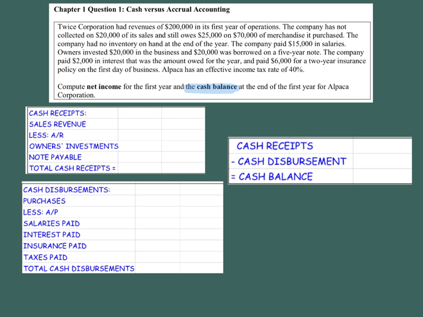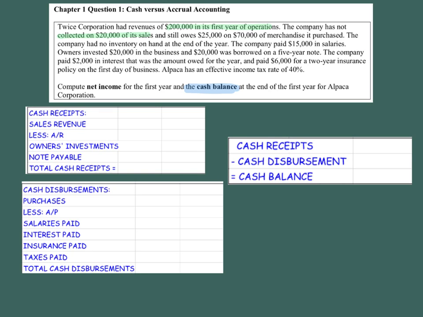In the first sentence, again, we have revenues of $200,000 in the first year of operations. However, it says the company has not collected on $20,000 of its sales. So that tells us of the $200,000 it earned in revenues, it still has not collected $20,000 of cash. So therefore, there's only $180,000 of cash we have received as a receipt from sales revenue.